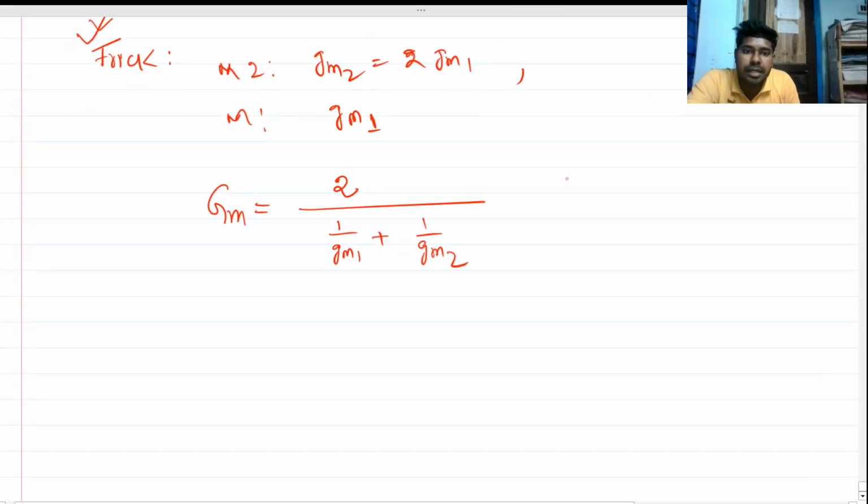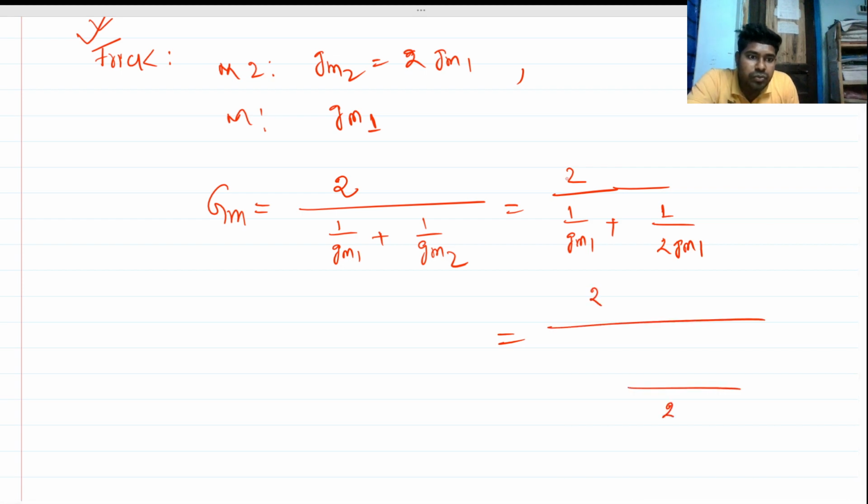So what will be the answer here? This will be nothing but 1 over Gm1 plus 1 over 2 times Gm1. So if we do this, there will be 2 times, 2 Gm1 times 2 plus 1, right?